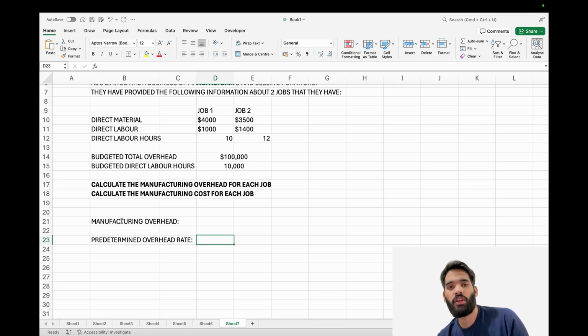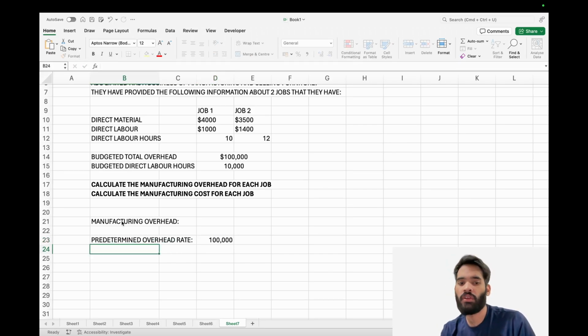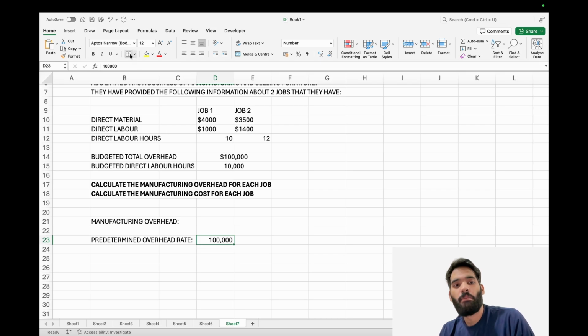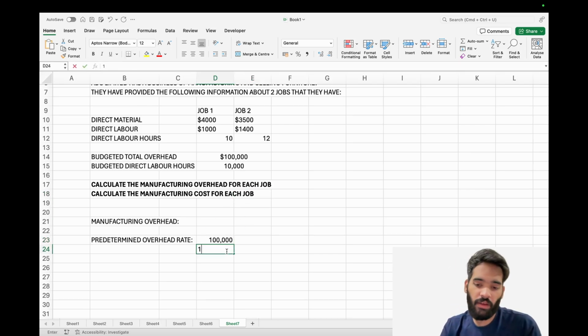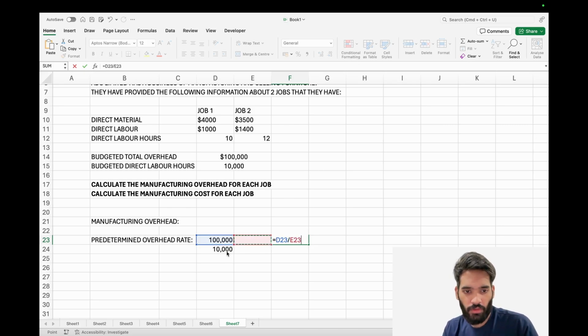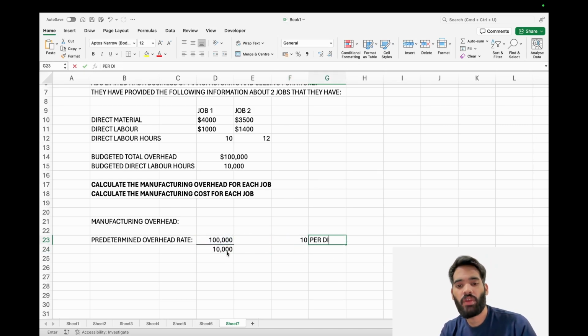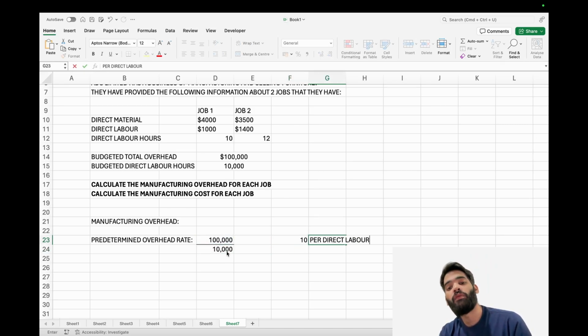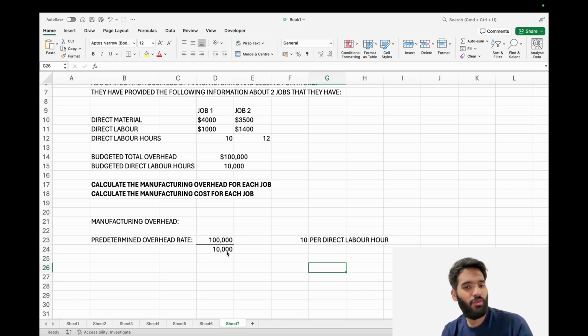The formula we already know is the budgeted overhead divided by the budgeted allocation base, in this case labor hours. So budgeted overhead is 100,000 divided by 10,000 labor hours. Now we have found that per labor hour we use $10 of overhead. Now we can easily find for each job how much overhead we used.